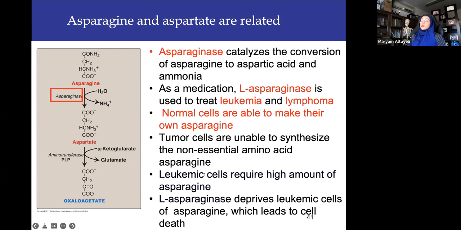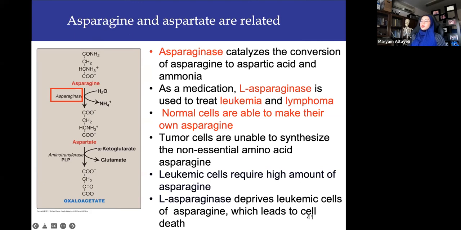So if you give L-asparaginase, it's going to break down the asparagine into aspartate. Now you're depleting the levels of asparagine, which is a very important amino acid for these cells to survive. Because of that, it's going to help kill the cancer cells. So L-asparaginase deprives leukemic cells of asparagine, which leads to cell death.